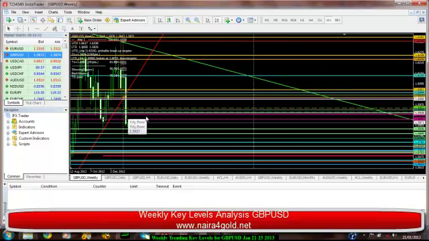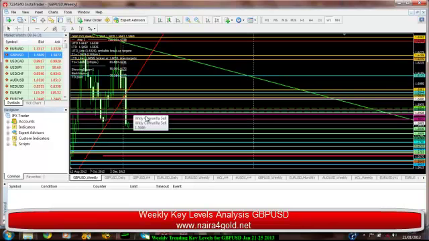Here is the Camarilla resistance level 2, and above that you have the weekly Woody's pivot point at 1.5934, followed by the weekly floor pivots at 1.5955, and the weekly Camarilla sell is also at that level.